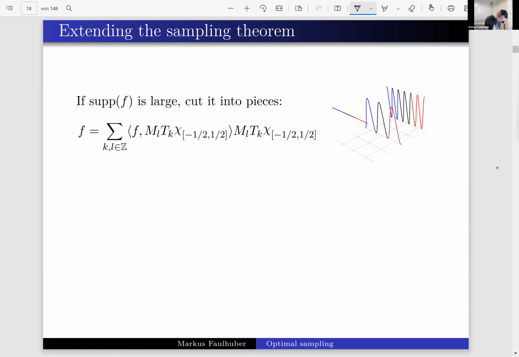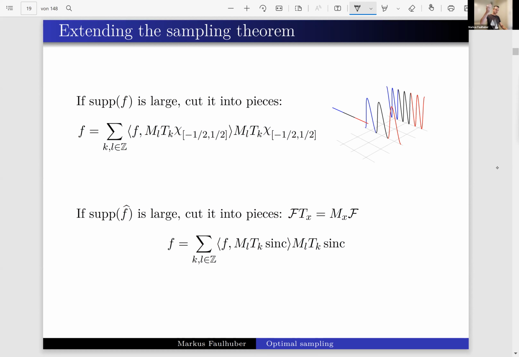You have this constant function in blue, black, and red. I hope you can see it. Each part is supported on an interval of length 1. And then you start to modulate your functions. Here you have an oscillation of 1. Here you have an oscillation of 2. And for each piece, you develop it into a Fourier series.